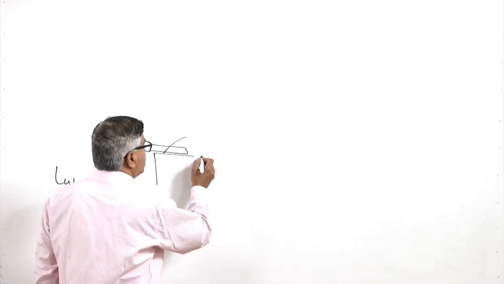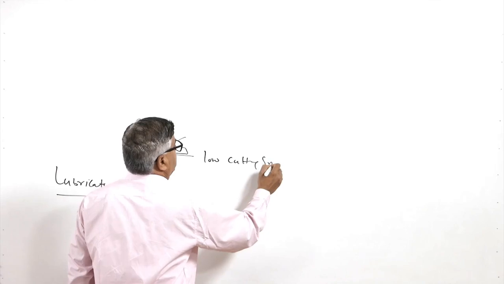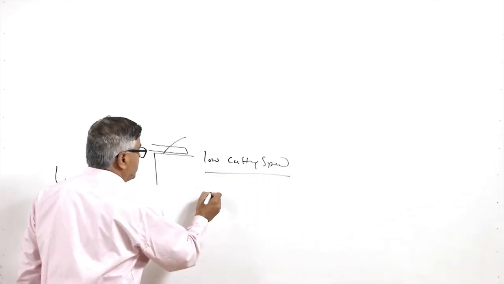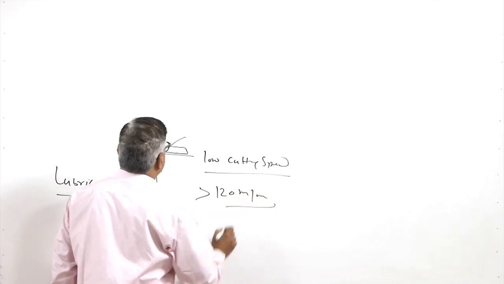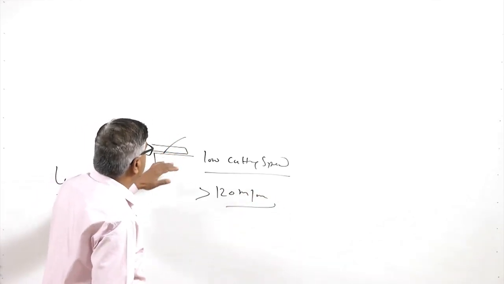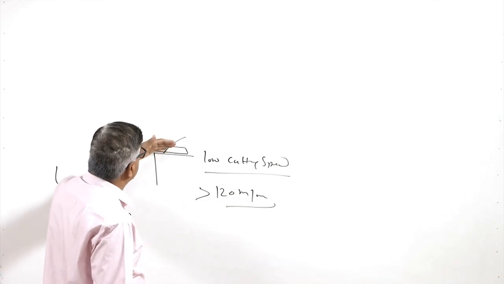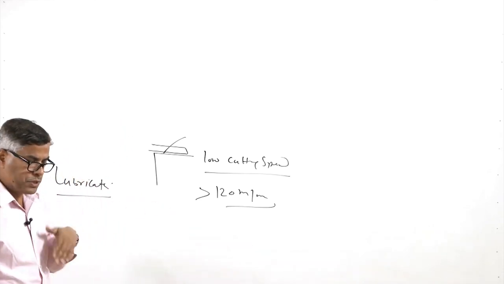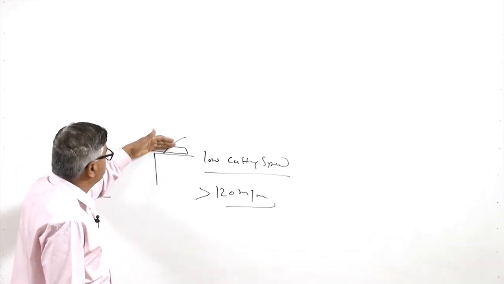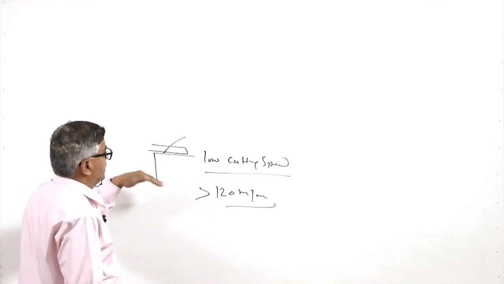This is possible under low cutting speed conditions. If the cutting speed is high, like above 120 meters per minute, the speed becomes so high that the cutting fluid cannot reach the chip tool interface. So, it cannot form the compounds which will be able to separate the chip from the tool, or avoid metal to metal contact.